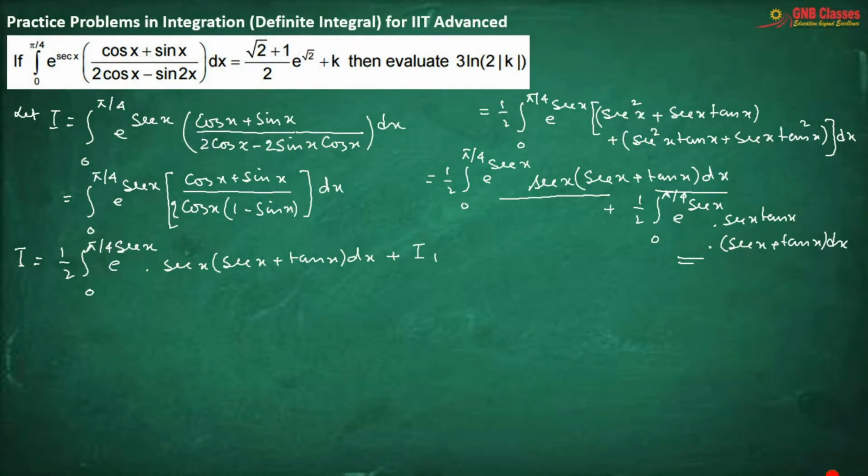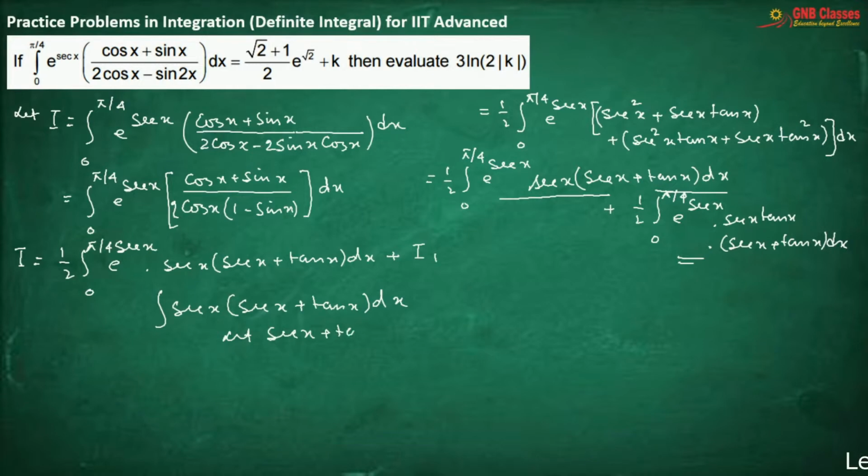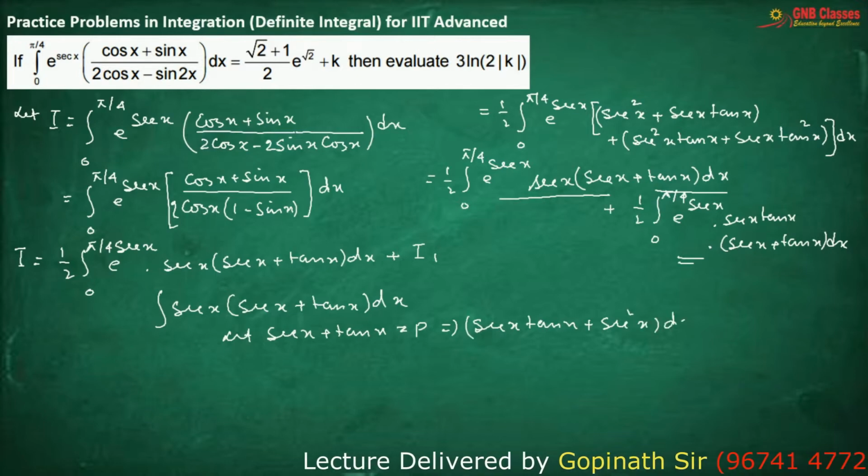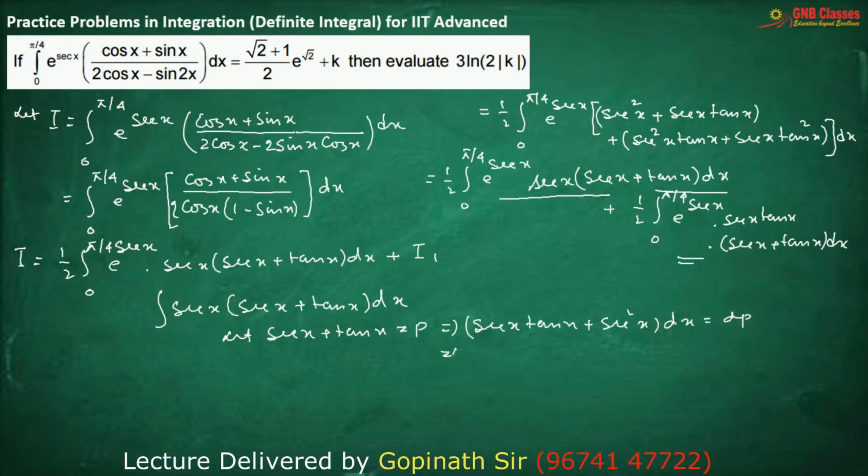If I integrate sec x into (sec x plus tan x), what are we going to get? For this integration, let sec x plus tan x be p, so that implies (sec x tan x plus sec squared x) dx equals dp.